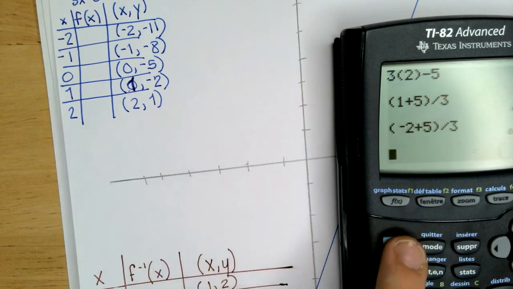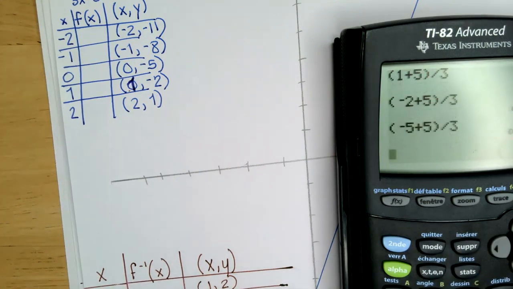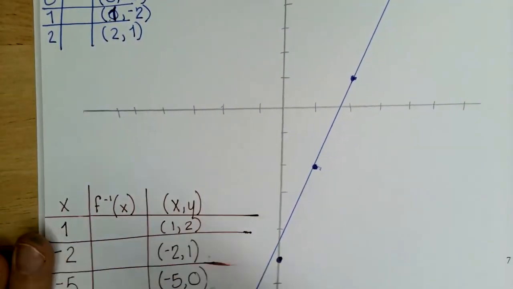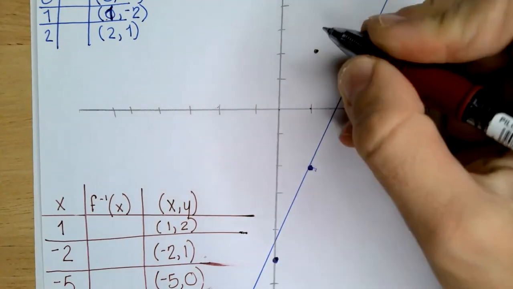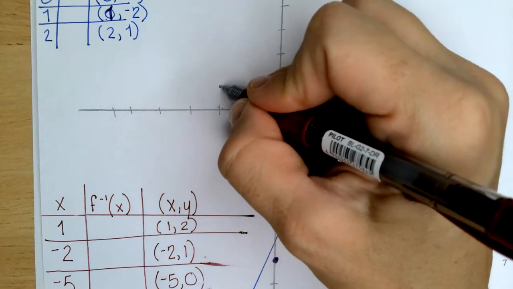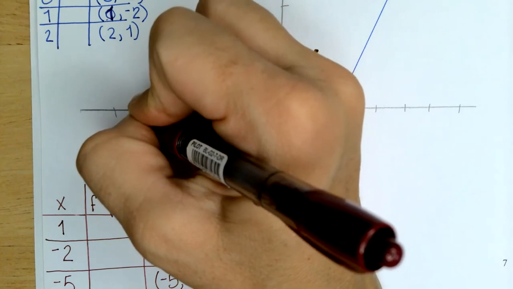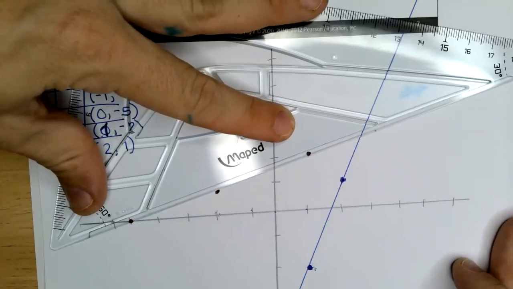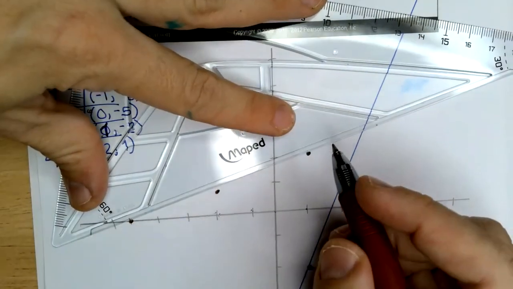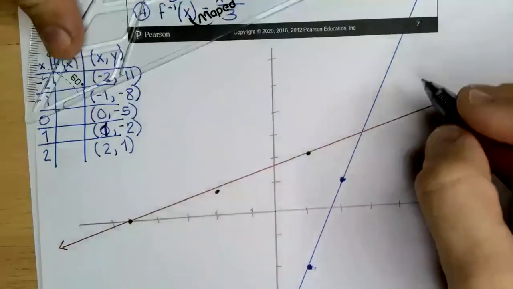And if I put -5 in, I get 0. So now I can graph these points. 1, 2, -2, 1, -5, 0. So here's my graph of the inverse of f of x.